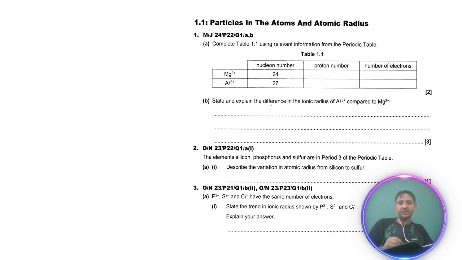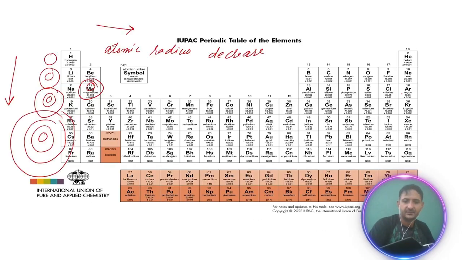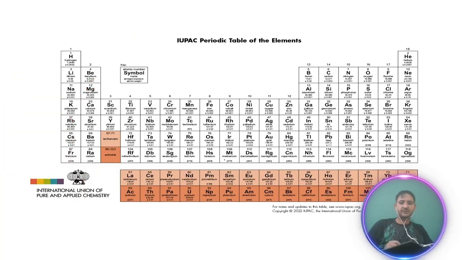Here we have aluminum 3 positive and here we have magnesium 2 positive. We have aluminum here and magnesium here, and we are moving from left to right. What I told you, left to right atomic radius decreases.